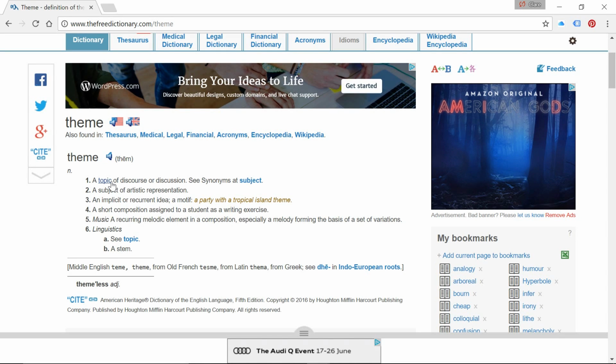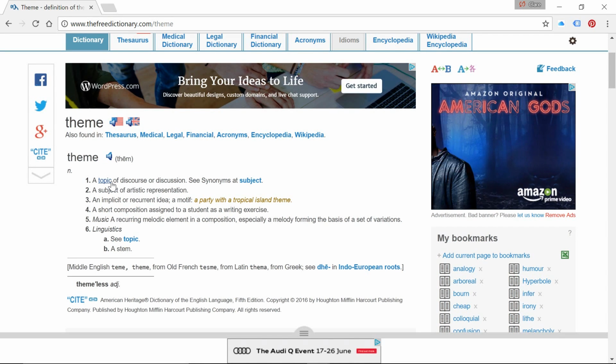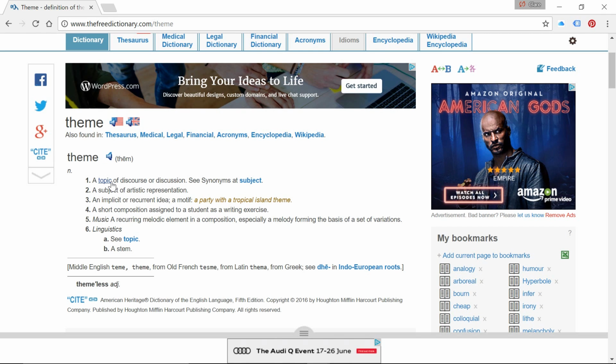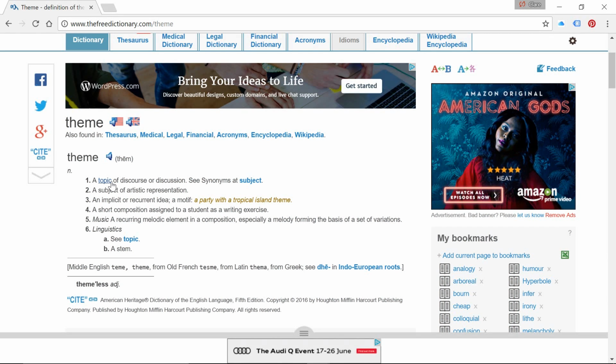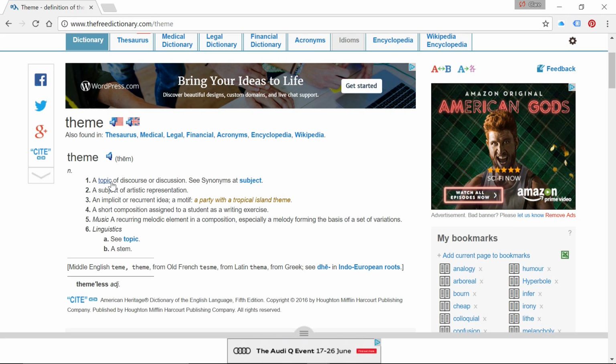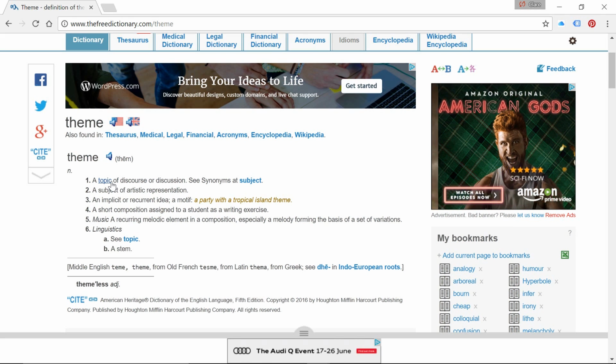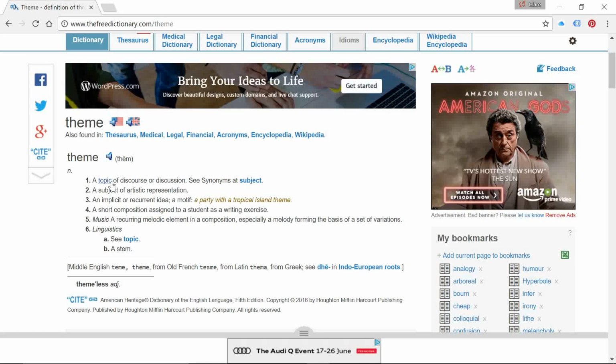So themes might be things like love, war, revenge, betrayal, fate. And sometimes they're explicit within a novel rather than really being spelt out to the reader. So when you're doing your creative pieces, it's good to think about what themes there are.